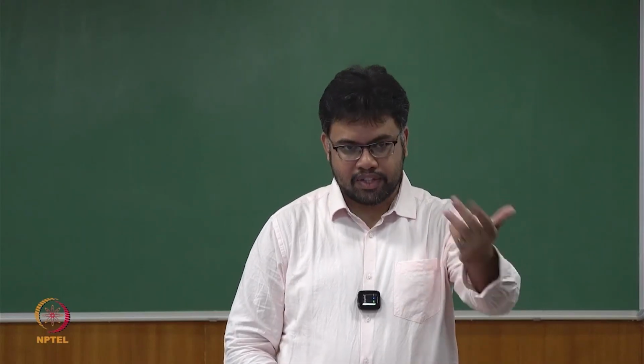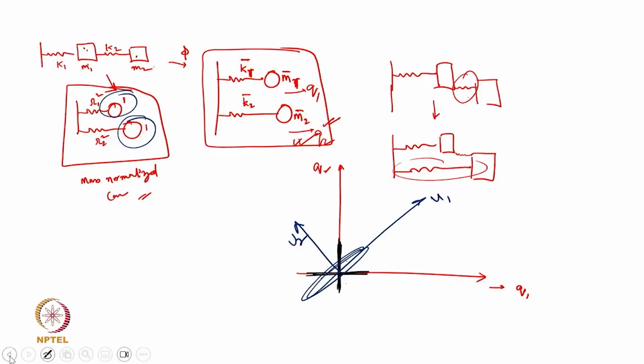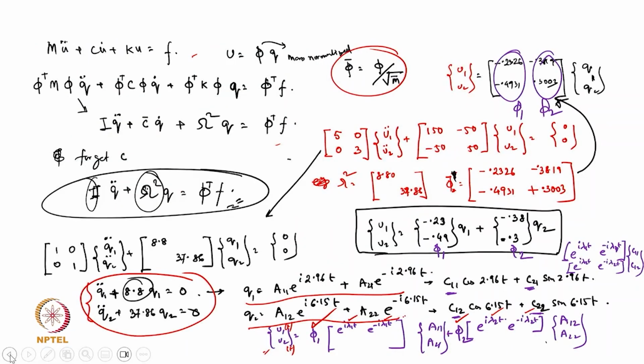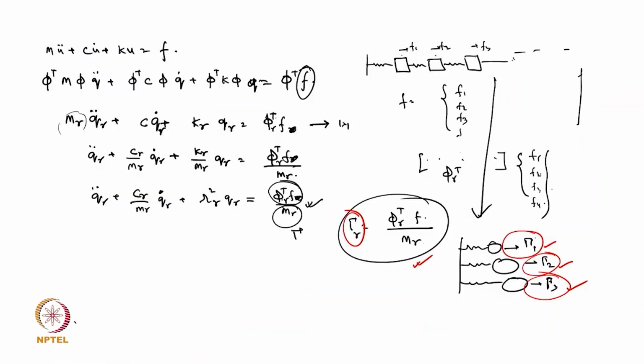For example, in the last class, once we found our phi matrices, you see that this matrix is fully negative. So if you place it here, phi r, that full thing is negative, no problem. F is a positive number, mr is mass, so that will automatically be a positive number. So your full phi r, gamma r will become a negative value.